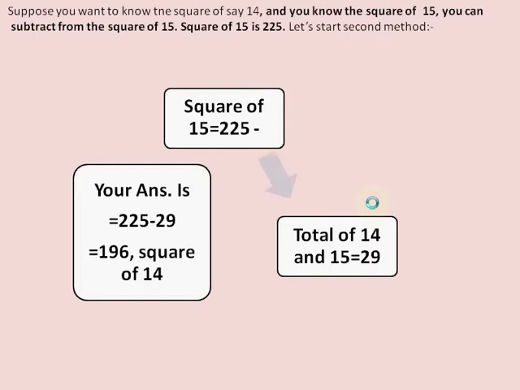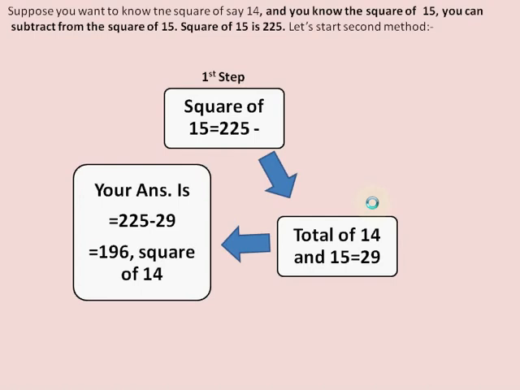And in your first step, you have seen that the square of 15 is 225. So you subtract the sum of 14 and 15 from the square of 15. It means 225 minus 29, which is 196.